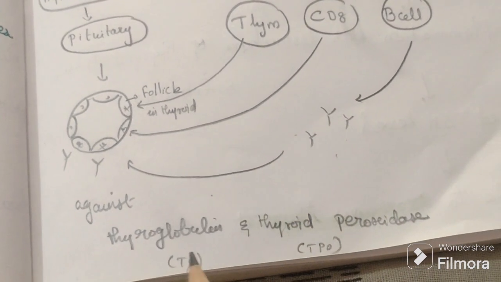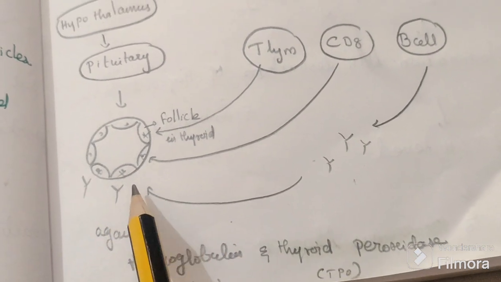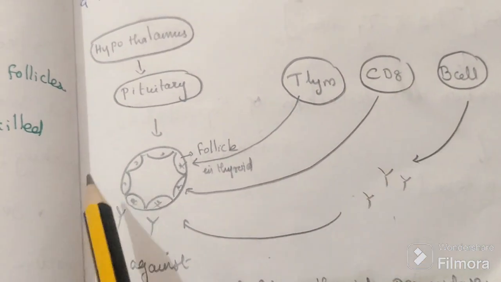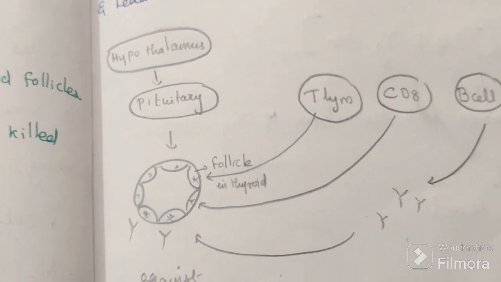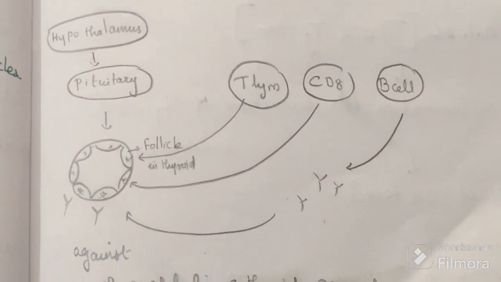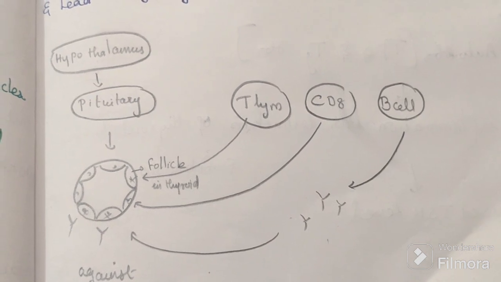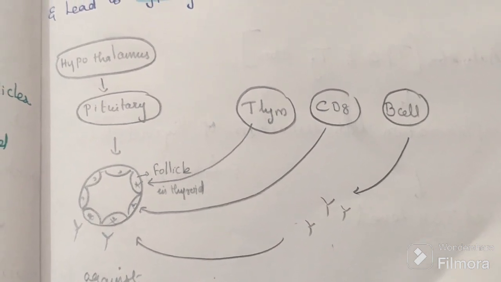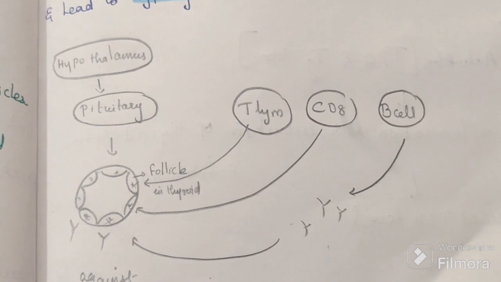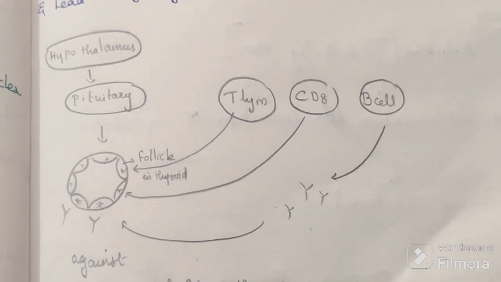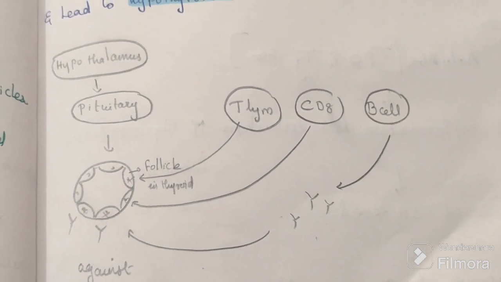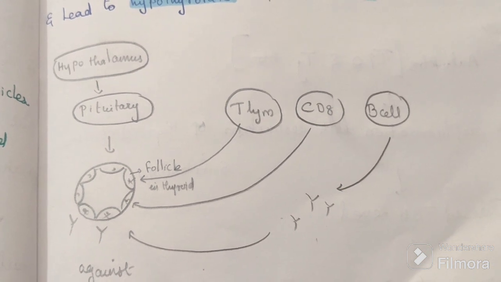So these antibodies, two types of antibodies, act against this. So all three things destroy this cell. Most of the cells are destroyed, only few cells are present. So T3 and T4 cannot be synthesized.